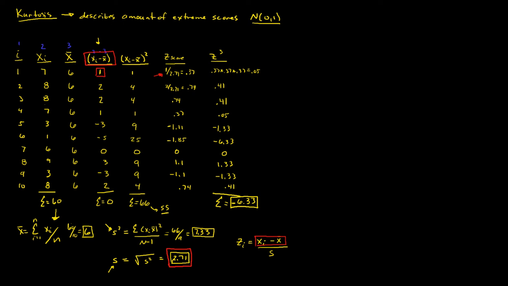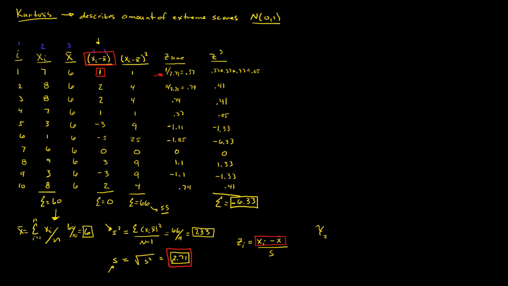We calculated a z-score for all i equals 1 through 10 values here, and in the skewness video, we cubed these. Now we want to talk about the formula for kurtosis. Kurtosis is going to be a gamma as well, but it's gamma 2.